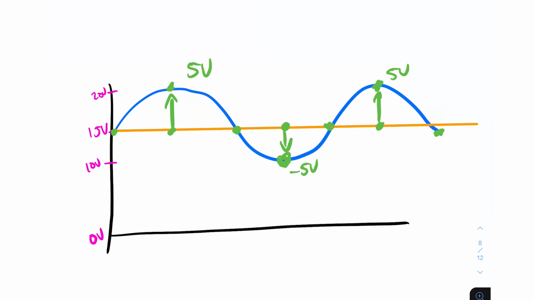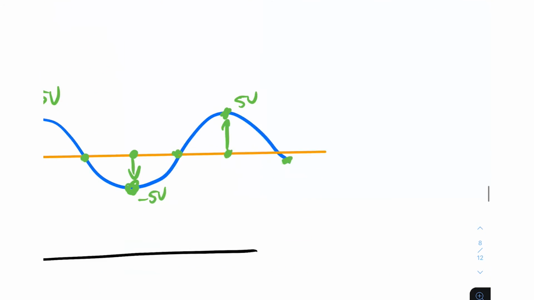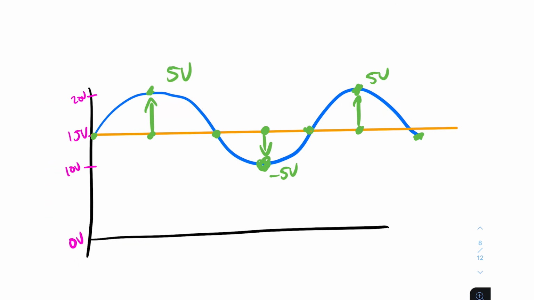So this sine wave here is exactly the same as this sine wave here, with the only difference being that this one's crossing 0, whilst this one isn't. And another important point when you're dealing with voltages or even currents for that matter is you have what are called peak to peaks. We'll touch on this more in a later video, but peak to peak basically means you take the voltage from this peak to this peak here.